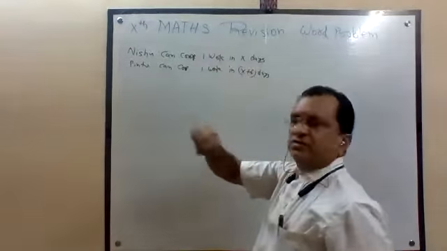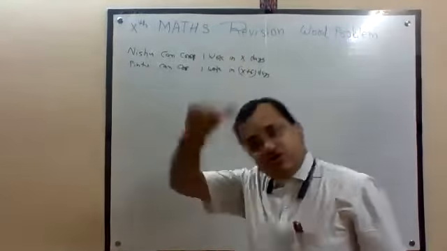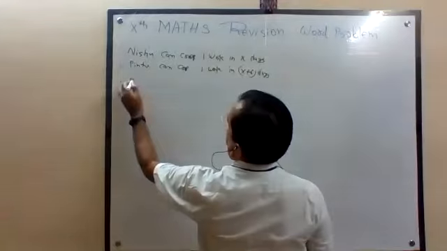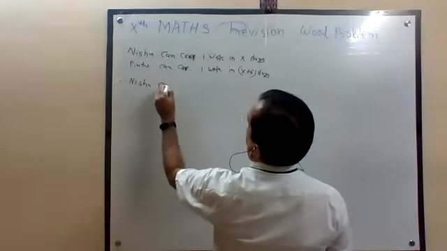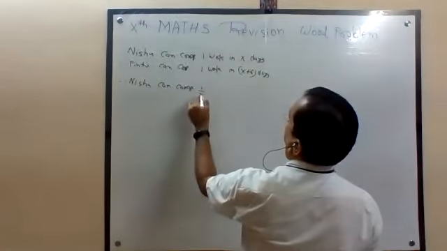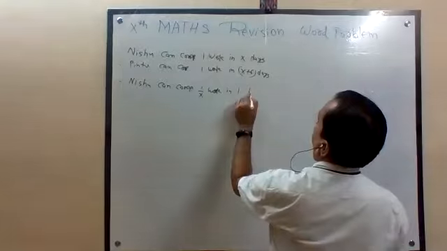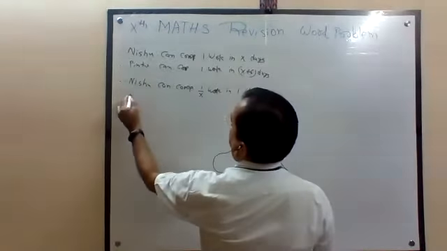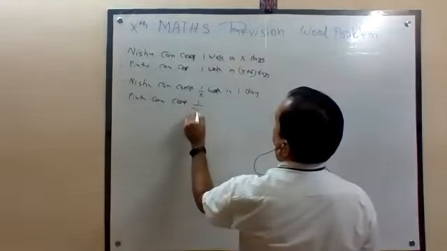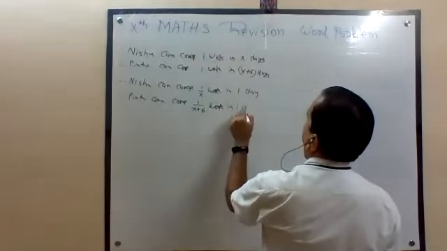Suppose x is 4. One work in 4 days. So in one day, one fourth of the work. Therefore, Nishu can complete 1 by x work in one day, and Pintu can complete 1 by x plus 6 work in 1 day.